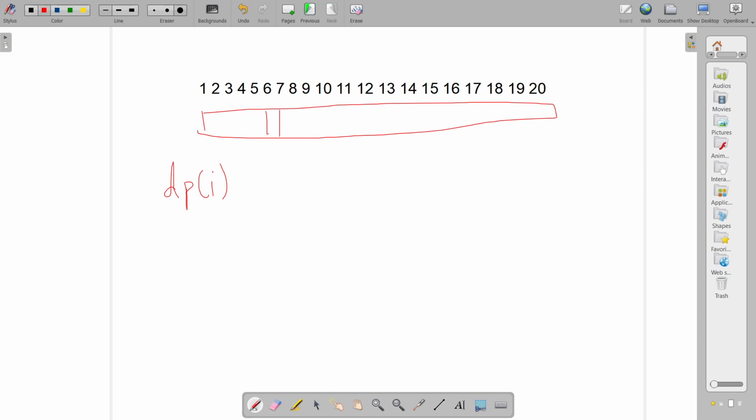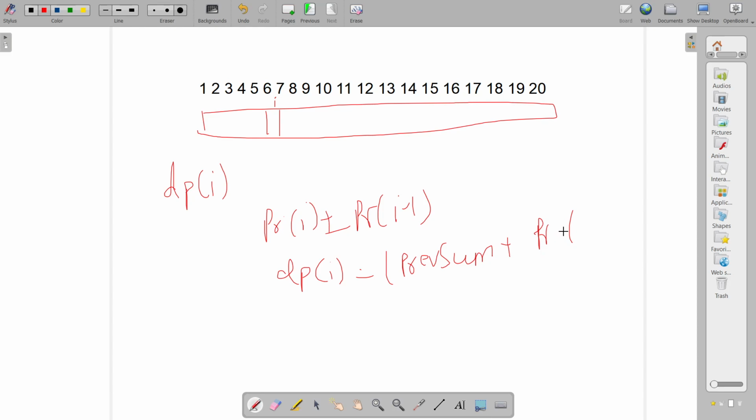Suppose you are at the ith index. First of all, you would do prefix of I plus equals to prefix of I minus 1. Then dp of I is equal to the previous sum which I calculated plus prefix of I.